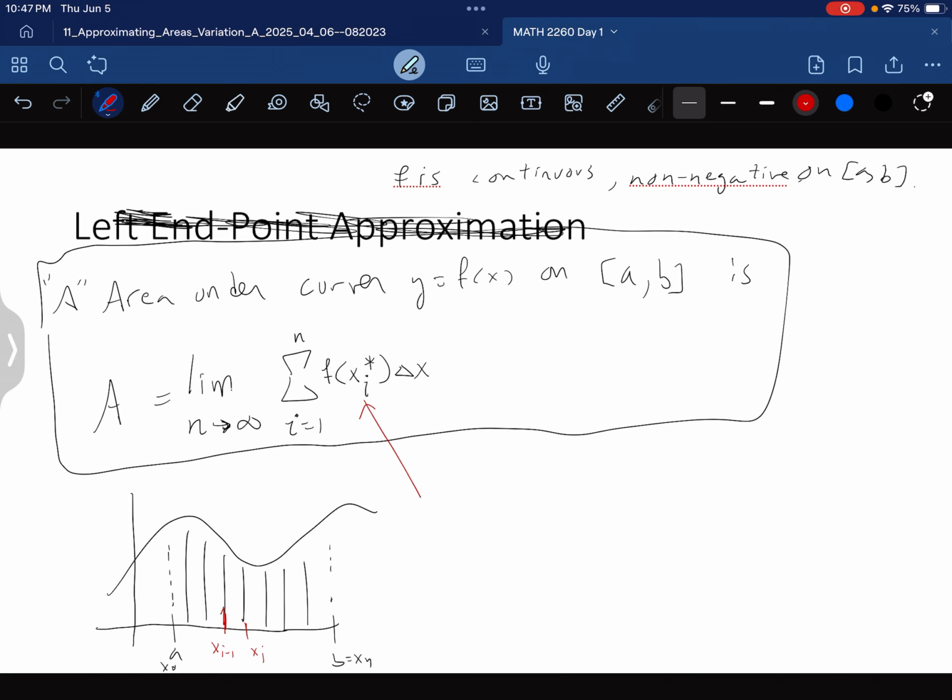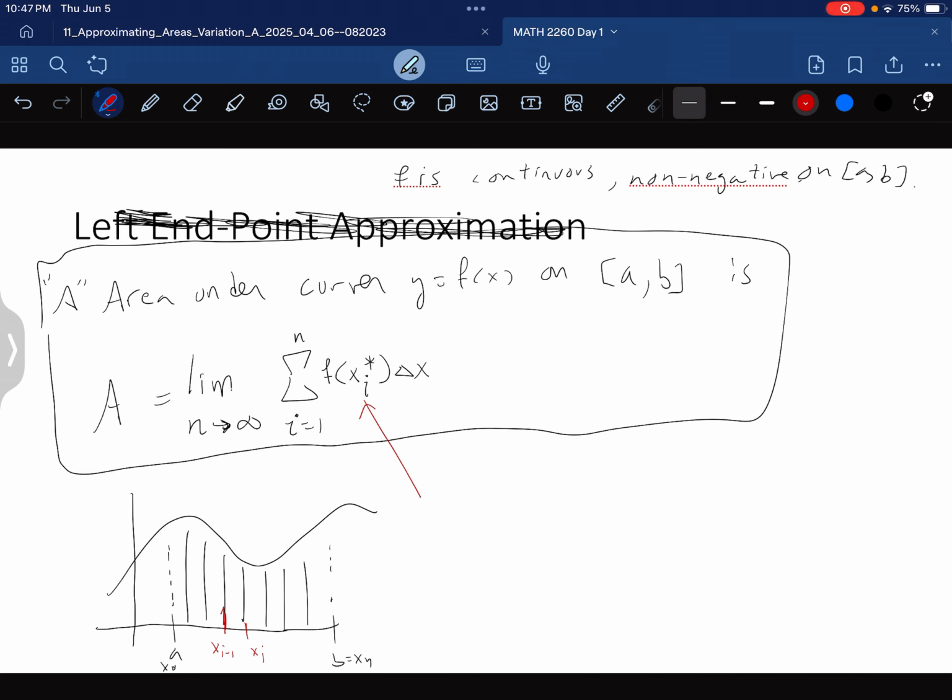And the interesting thing is that it doesn't matter what point you choose, whether a left endpoint, a right endpoint, or a middle value. If you take the limit of this expression and let the partition get finer and finer, they will all approach the same value, assuming the function is continuous, non-negative, etc.